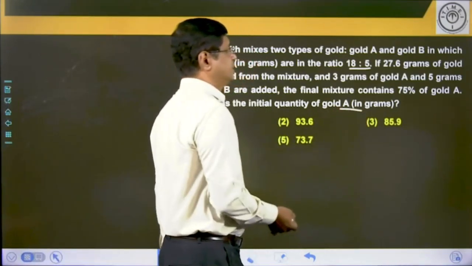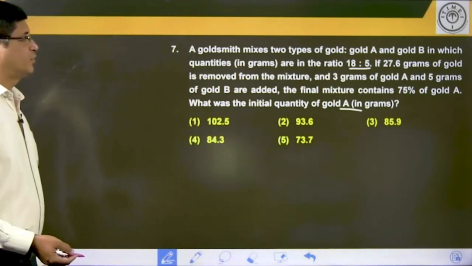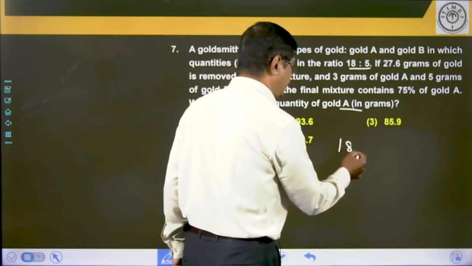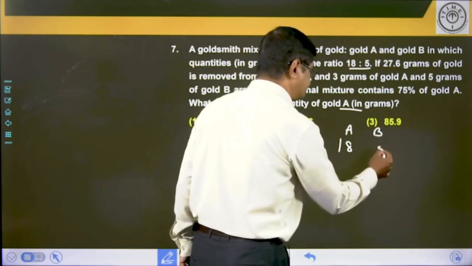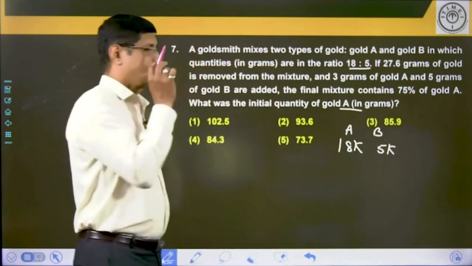Okay. Now what is the initial quantity of gold A and gold B? 18:5. So 18K and 5K. Am I clear?